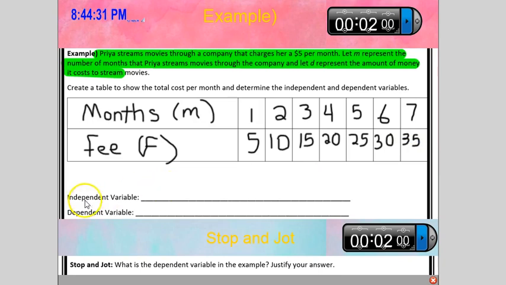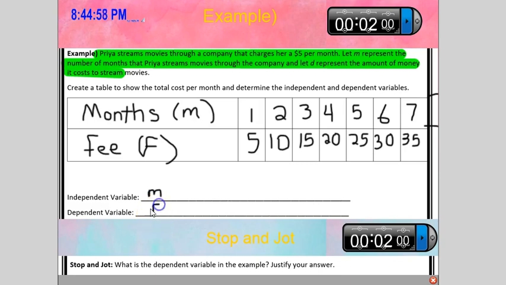So we're trying to figure out what the independent variable and the dependent variable are. Well, the independent variable is the one where I could put any number. I can choose any month. I could go all the way up to 36, and I could put that in the next box if I wanted, right? So the independent variable is going to be M. The fee depends on M, so it is the dependent variable.